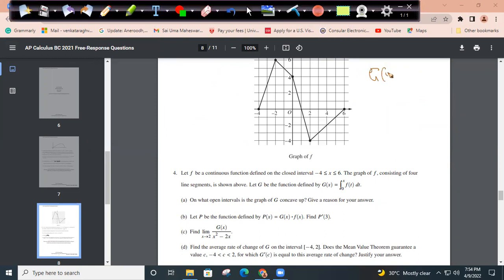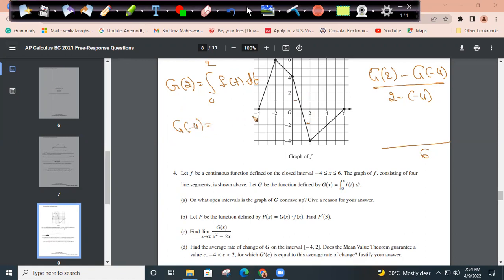G of 2 minus g of -4 divided by 2 minus -4, which is 6. So g of 2 is the integral of 0 to 2 f of t dt. What is this? 0, because this is positive to negative, just what we have been doing. Now we need to find g of -4.